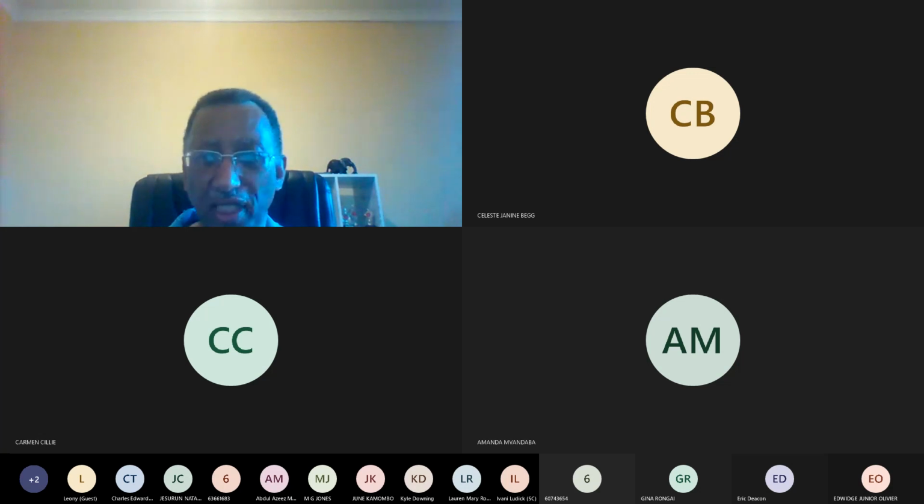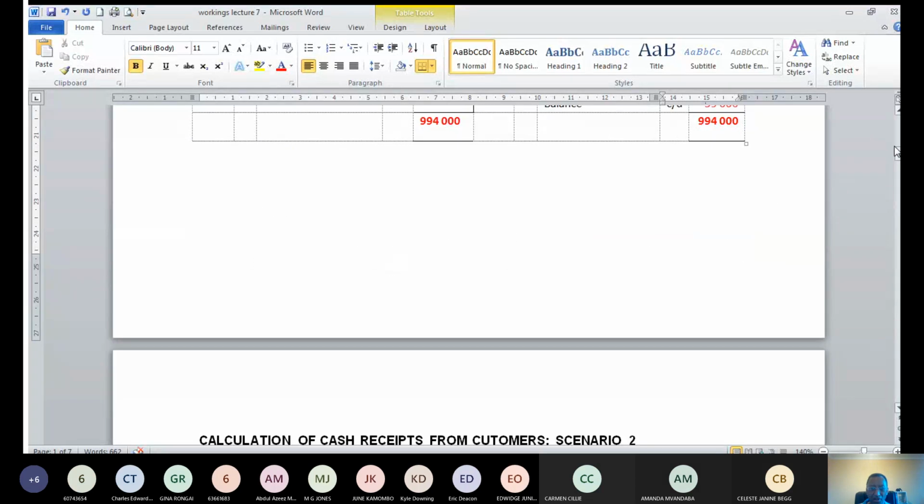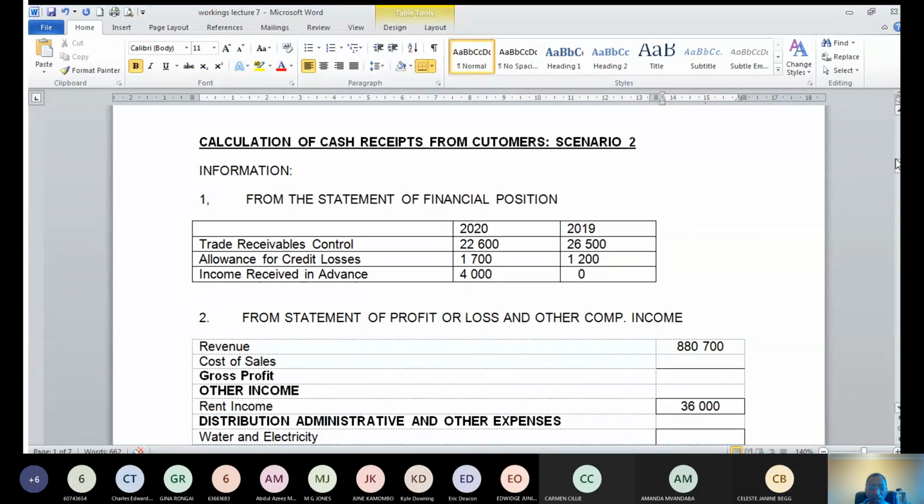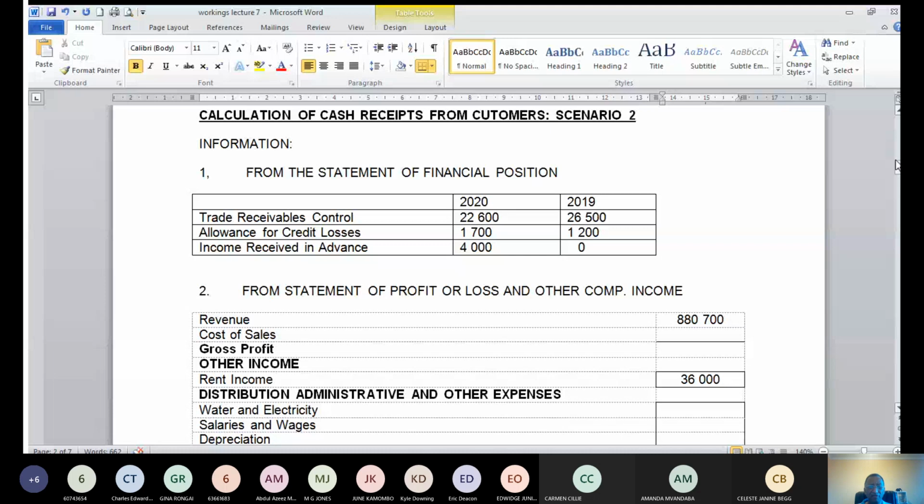Back to our workings, we take a look at our second scenario. What happened now if you must calculate the cash receipts from customers and you have got the following information?